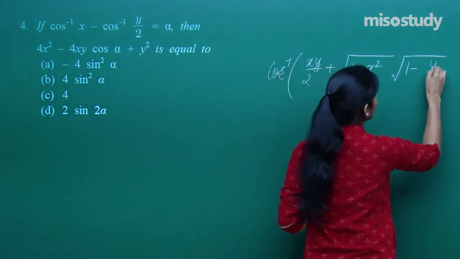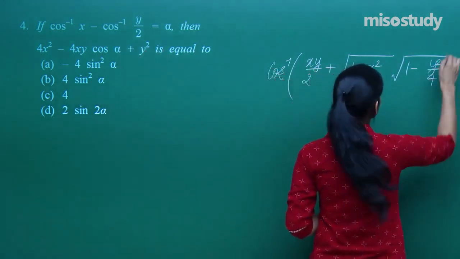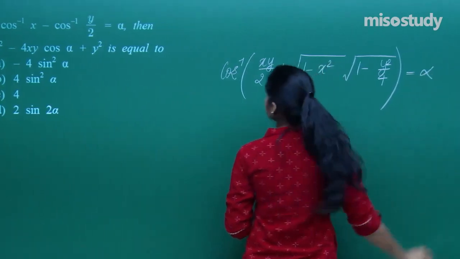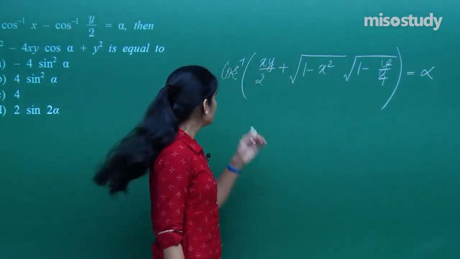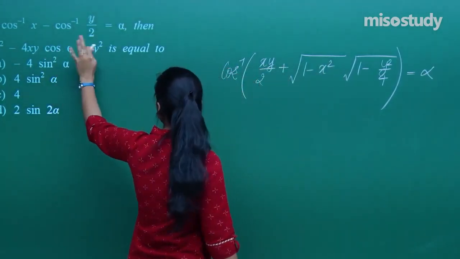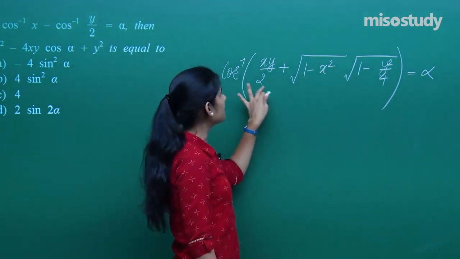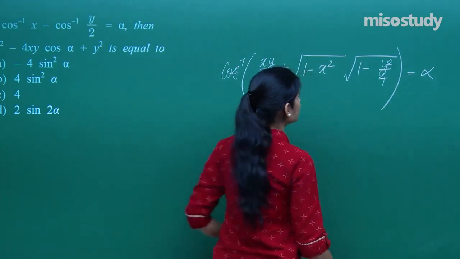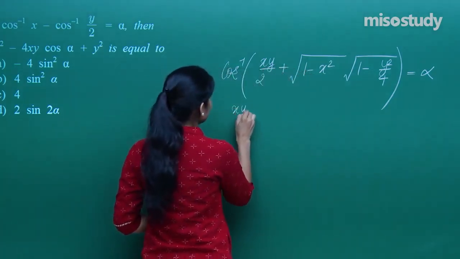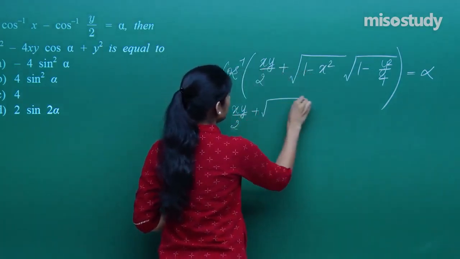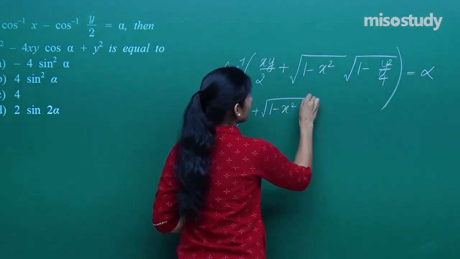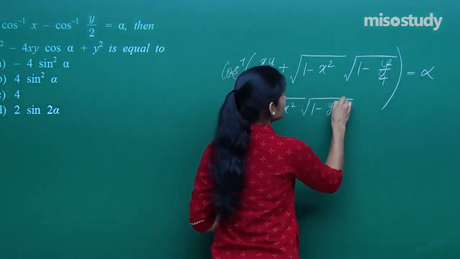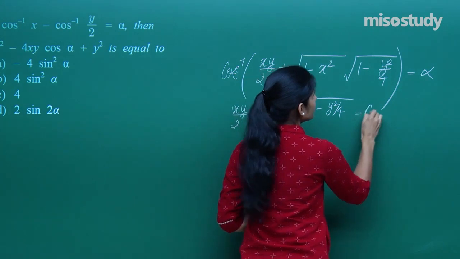Over here it is xy by 6 plus under root 1 minus x square by 4 into under root 1 minus y square by 9. This is given to be alpha. So you get xy by 6 plus under root 1 minus x square by 4 under root 1 minus y square by 9 equals cos alpha.